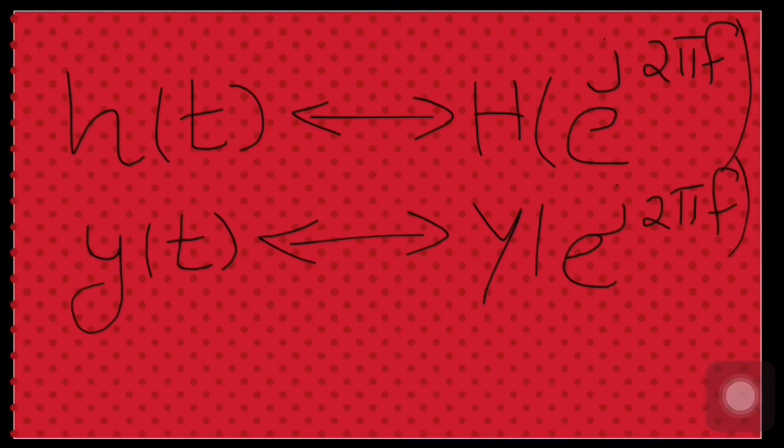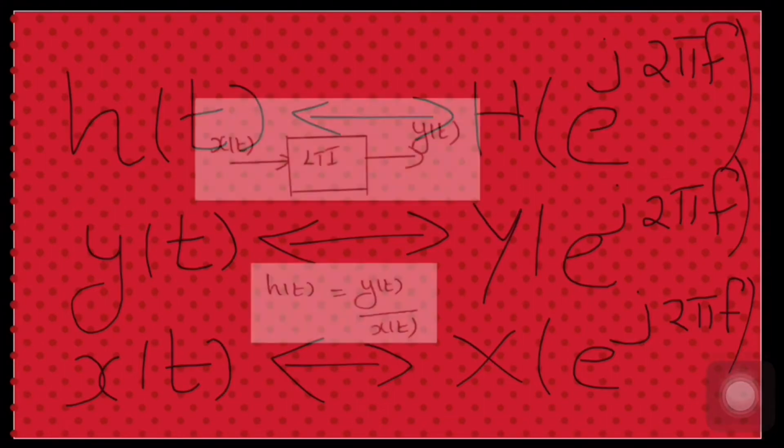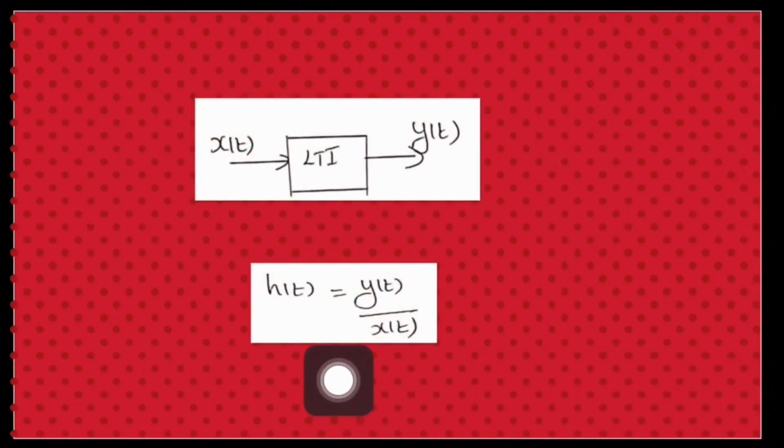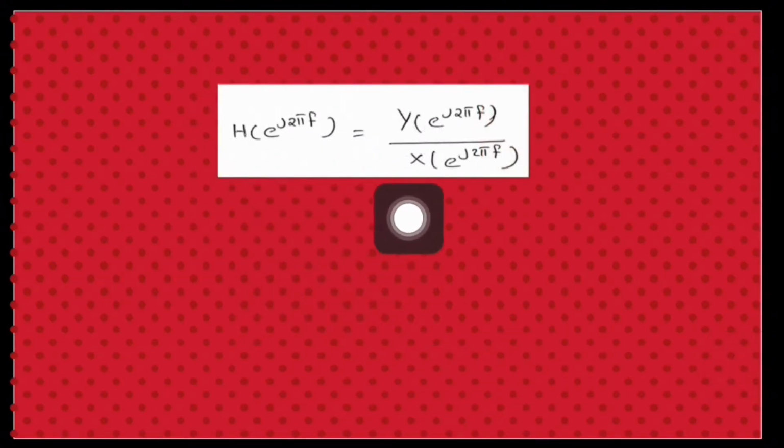Finally, Fourier transform of x of t is represented as X of e raised to j 2 pi f. Alright, when we take Fourier transform on both sides of this equation, we get H of e raised to j 2 pi f is equal to Y of e raised to j 2 pi f divided by X of e raised to j 2 pi f.